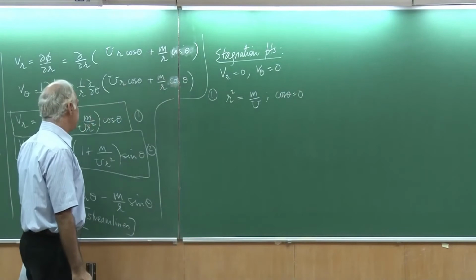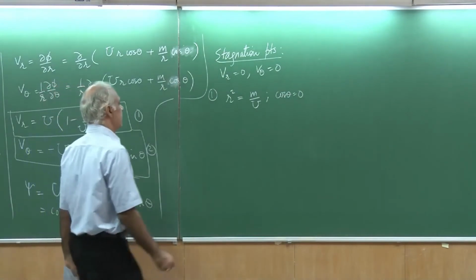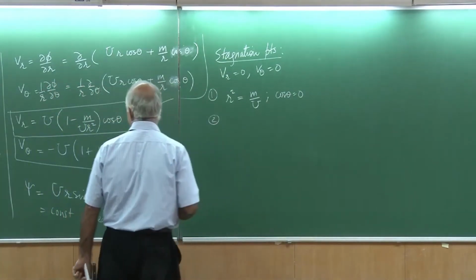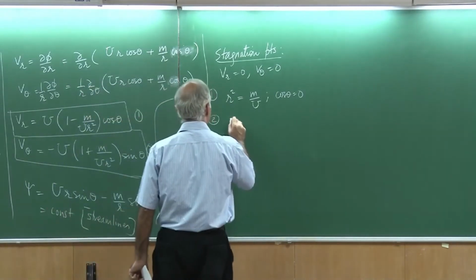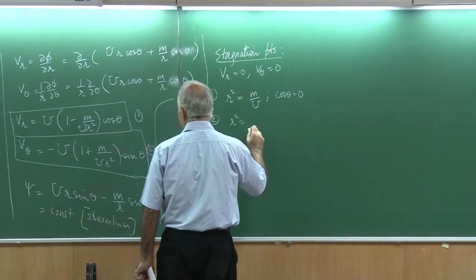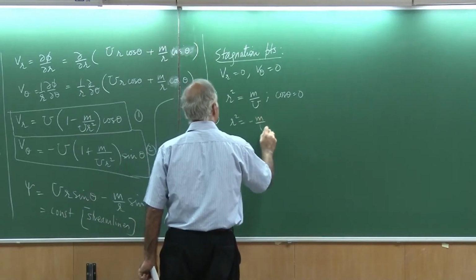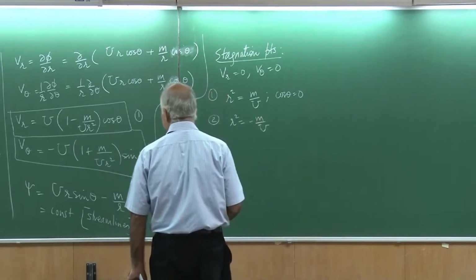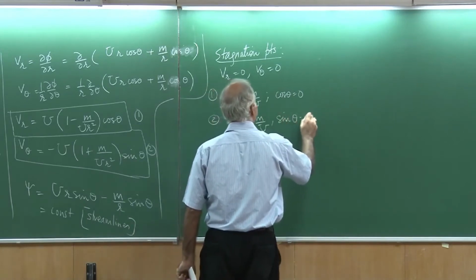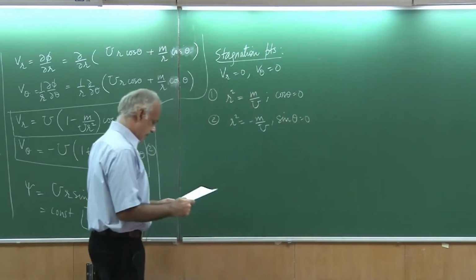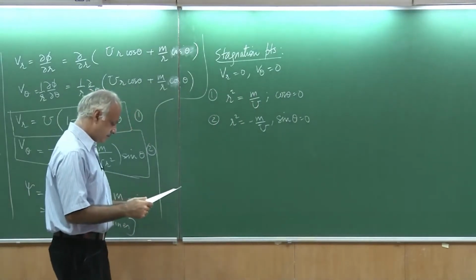Okay. The second equation tells me that my r square is equal to minus m by u, and sine theta is 0.